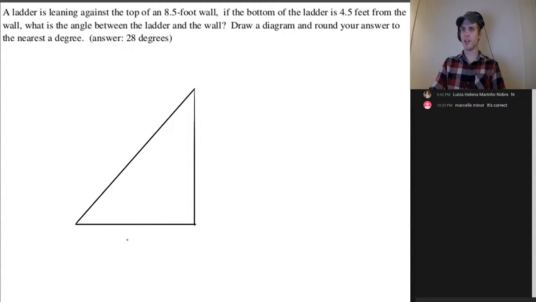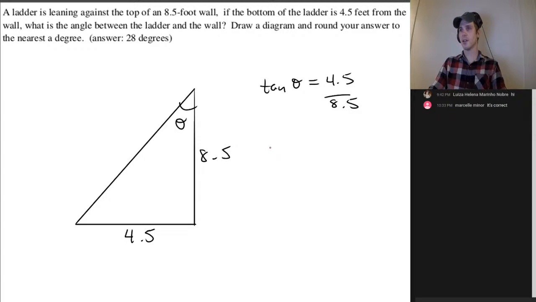So the bottom of the ladder is 4.5 feet from the wall, and the wall is 8.5 feet tall. And so we want to know the angle that the ladder makes with the top of the wall, which is theta. And so we can say that the tangent of theta equals 4.5 over 8.5. So theta equals, taking the tangent inverse of both sides, 4.5 over 8.5.